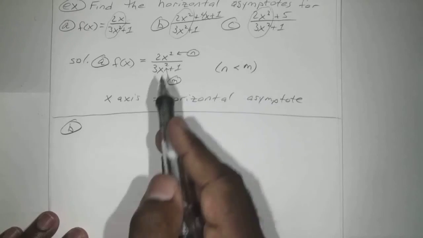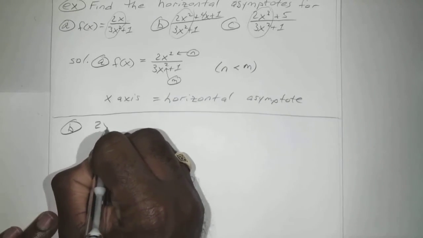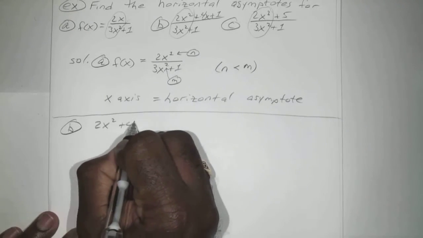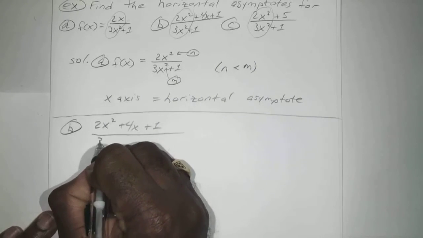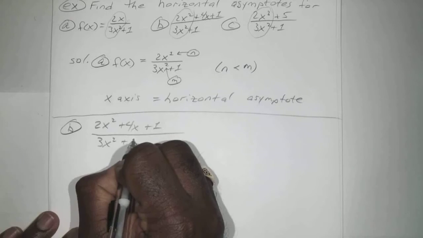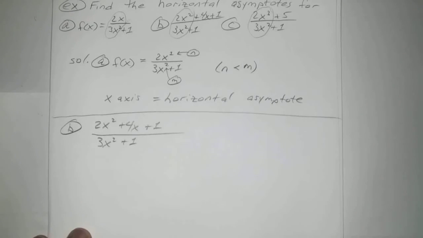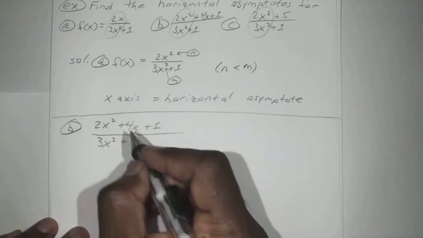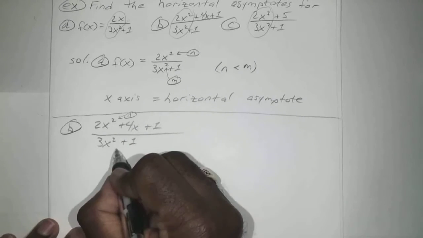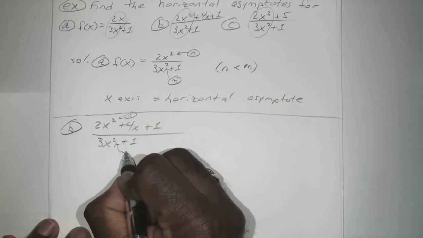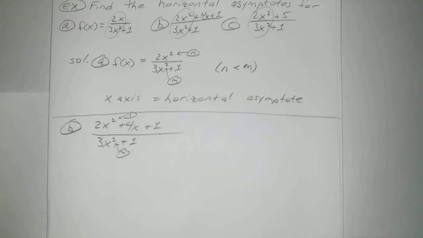Say for B, again, you have your 2x squared plus 4x plus 1 over 3x squared plus 1. Oh, probably should have made that a little lower. Okay, so we know that this is our n, and this exponent is our m.